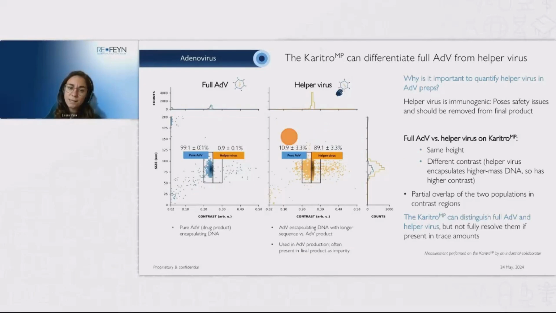So this is telling you that even though there is a partial overlap of the two populations in terms of contrast, the Karitro can really distinguish them and can relatively quantify the presence of helper virus. It cannot really resolve them if the helper virus is present in trace amounts, but we can still give a numerical assessment there.